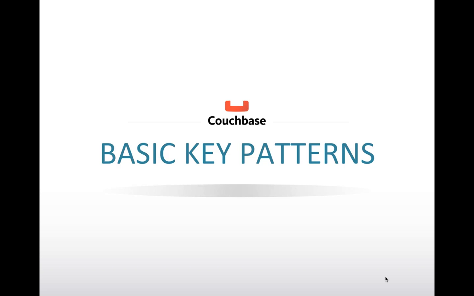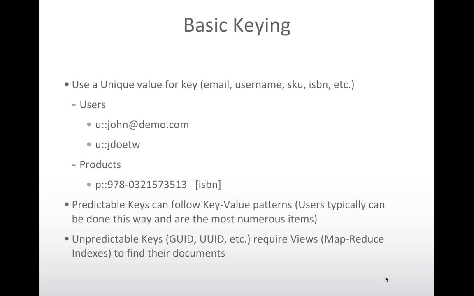Usually you will have one single key for the document. It will be an ID of up to 250 characters, and you as a developer will choose to organize it the way you want. For example, if you create users, you may want to use either the email of the user or the Twitter ID of the user, or for a product, you may want to use an ISBN as a value.